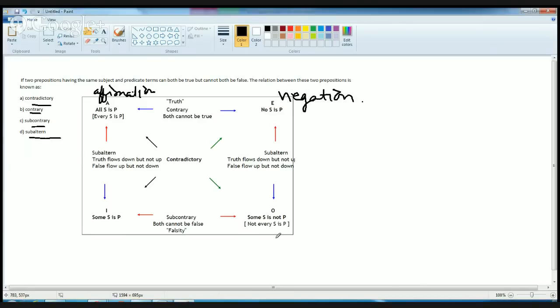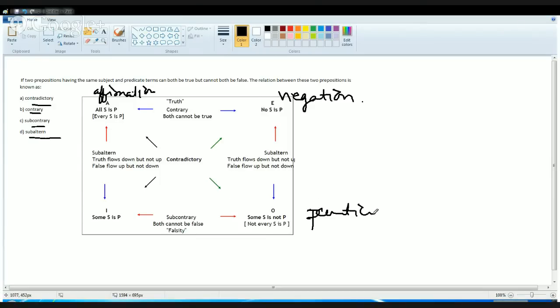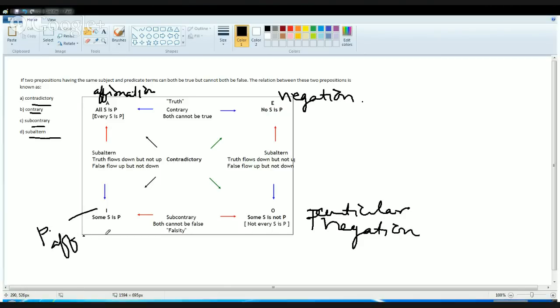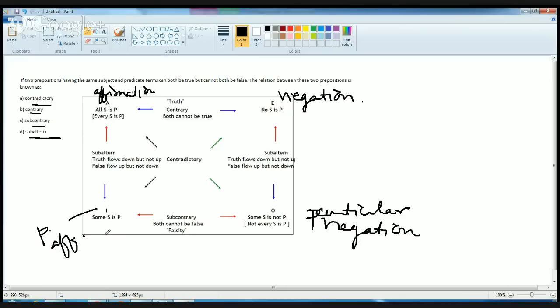O, which is particular negation. And I, that is particular affirmation. All these four are interrelated in one way or the other.